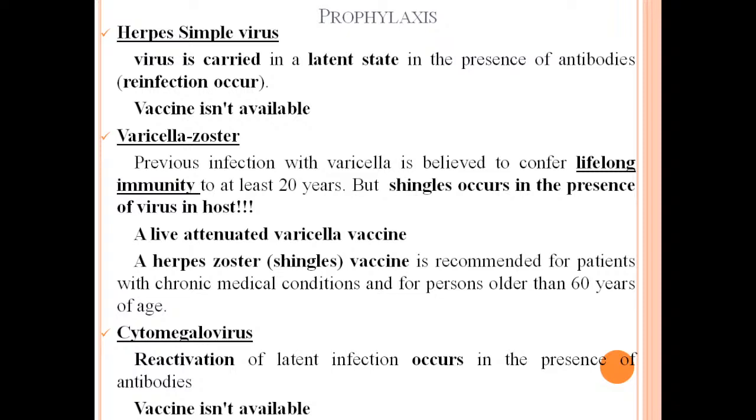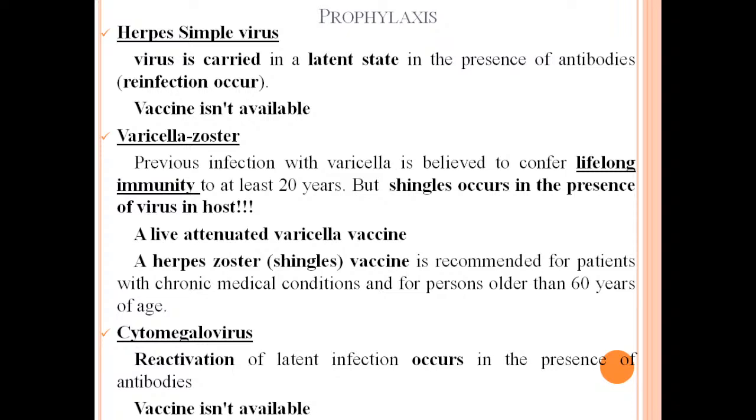The other is Varicella Zoster, which causes chickenpox and shingles. Previous infection with varicella is believed to confer lifelong immunity to at least about 20 years. But shingles occurs in the presence of the virus in the host. So shingles occurs only in a patient who was infected in childhood.